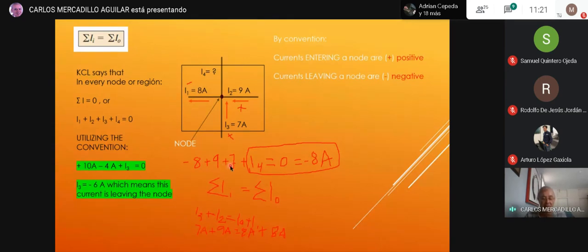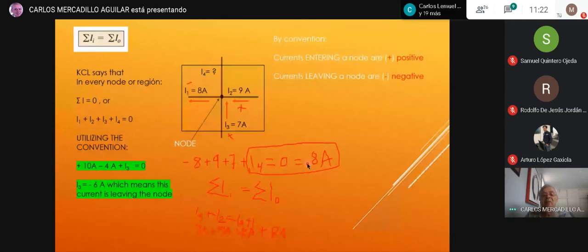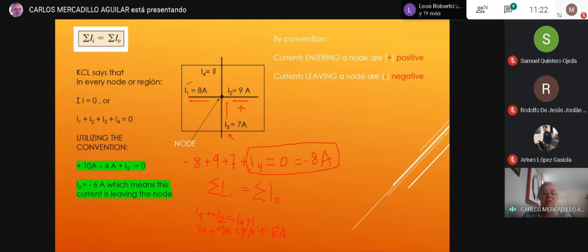Plus 7 makes plus 8. Plus 8 plus I4 equals 0. If we take this 8 to the right side of the equation, it will be negative. So I4 equals minus 8 amperes. And because it is negative, it means that it's going to be leaving the node. So that's what I had erased.